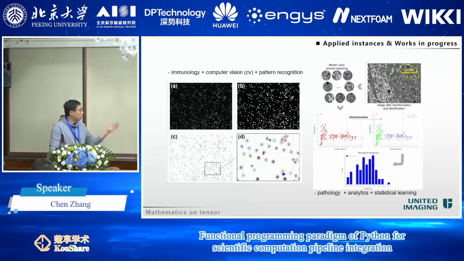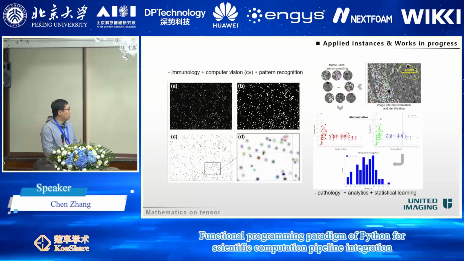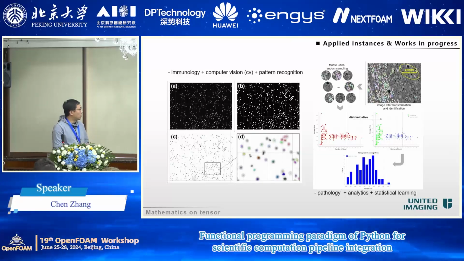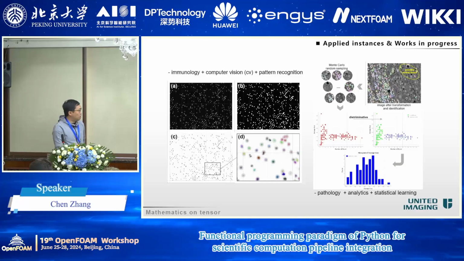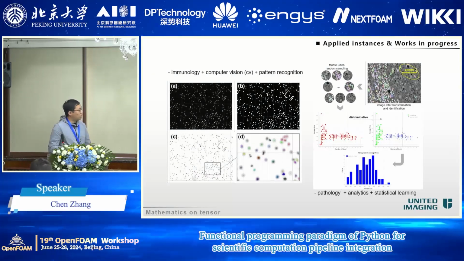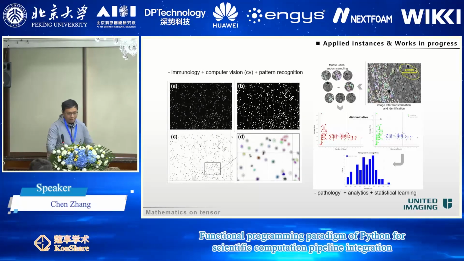And these are also some other examples integrating techniques in CV and pattern recognition in immunology. And the last one is the example of further statistical modeling on the previous example.